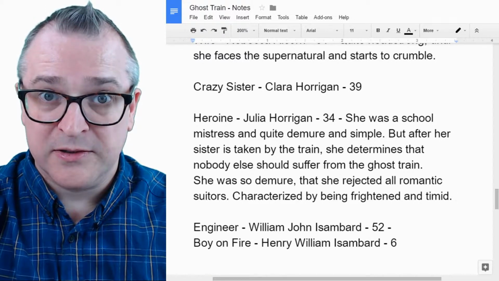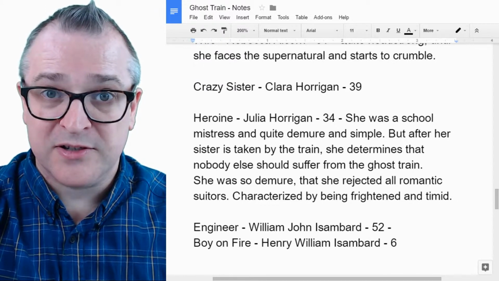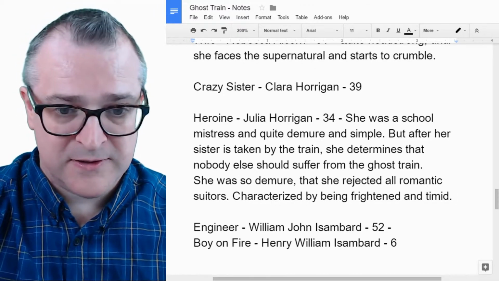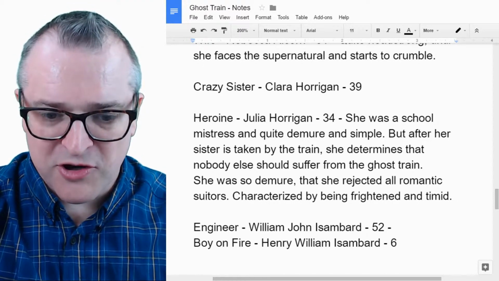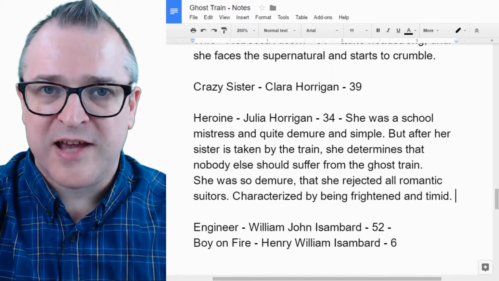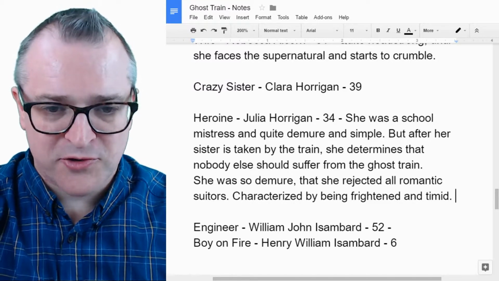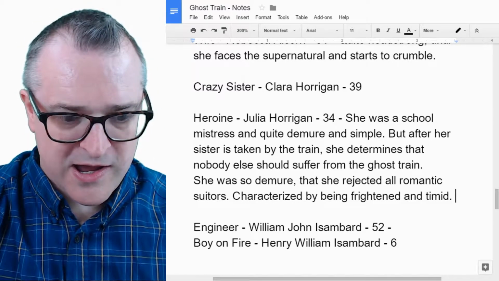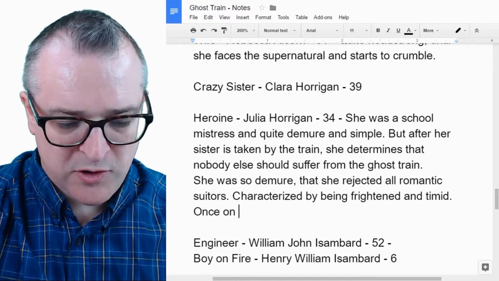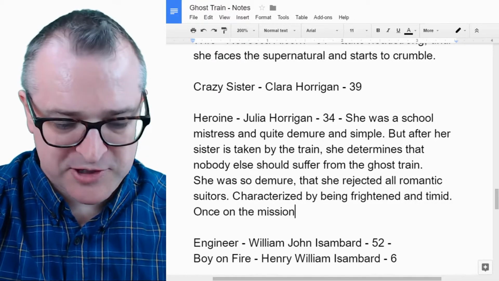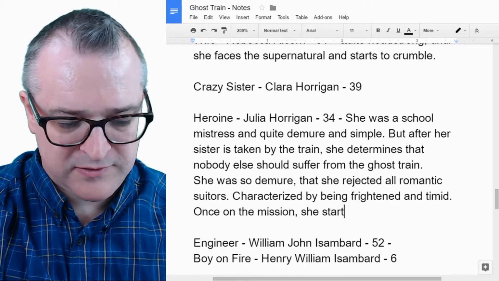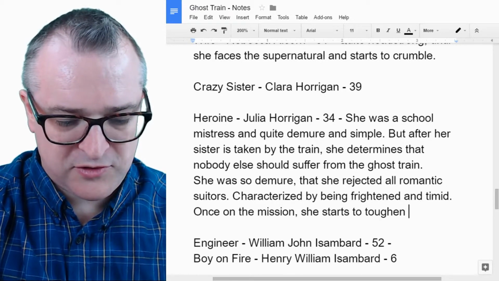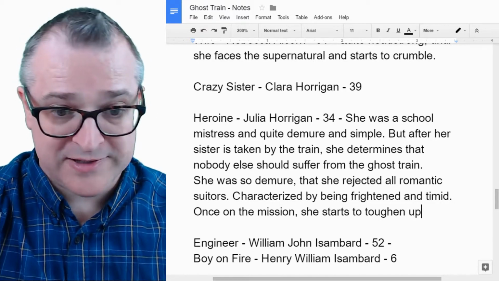But once this happens, and she says, I need to do this, and then she meets this man who's on a mission as well, she's going to start picking up some of those traits. So once on the mission, let's call it the mission, she starts to toughen up. And this is the important bit.